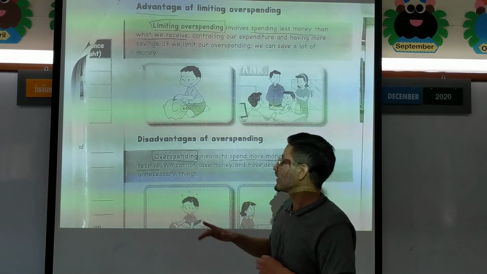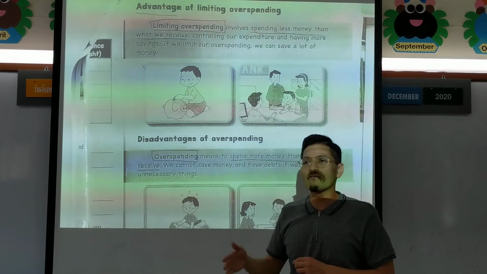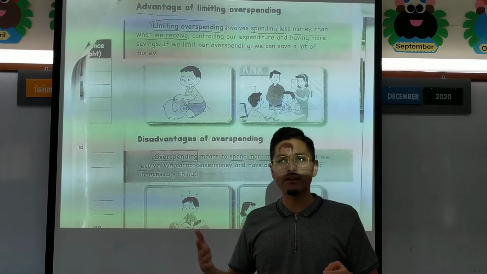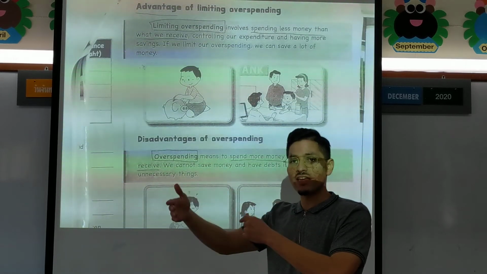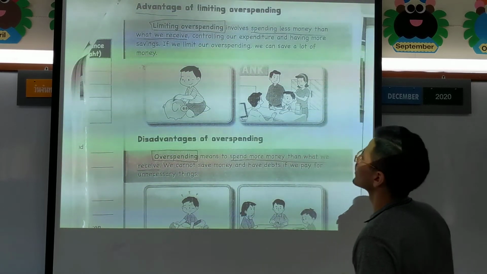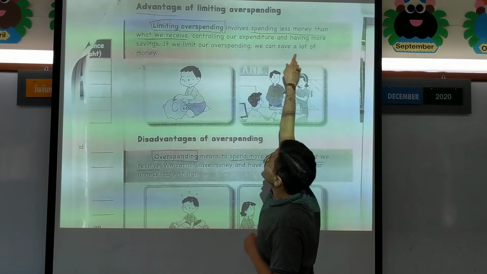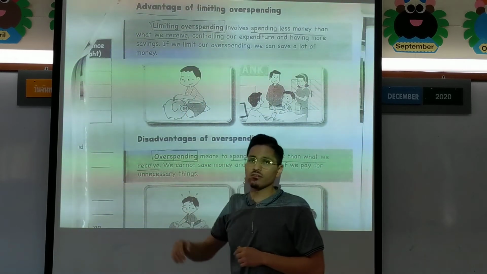This is okay? And the benefit, if you overspend, you don't have money. But if you save your money, you have money for the next day or for the future when you need it, okay? So, limit overspending. Spending less money than we receive, okay?